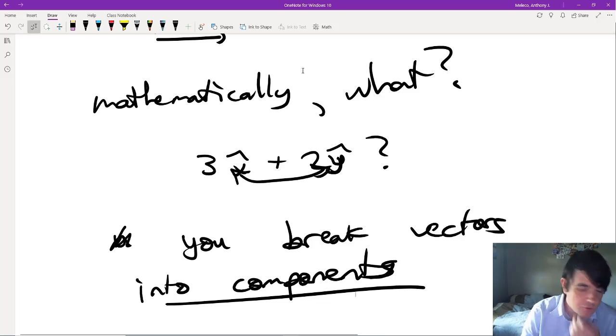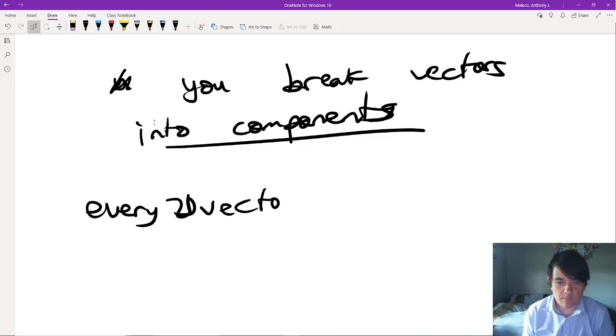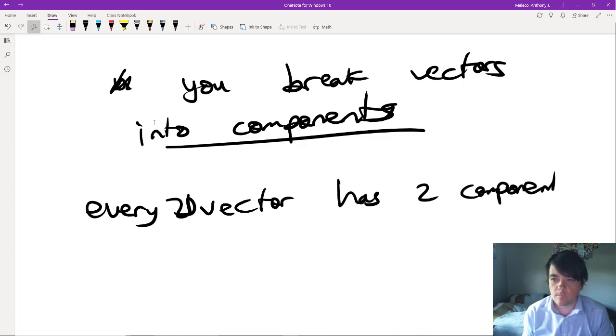And you've kind of seen shadows of this, just hints of what I'm about to do already. So every 2D vector, okay, because we're talking about 2D specifically, every 2D vector has two components.